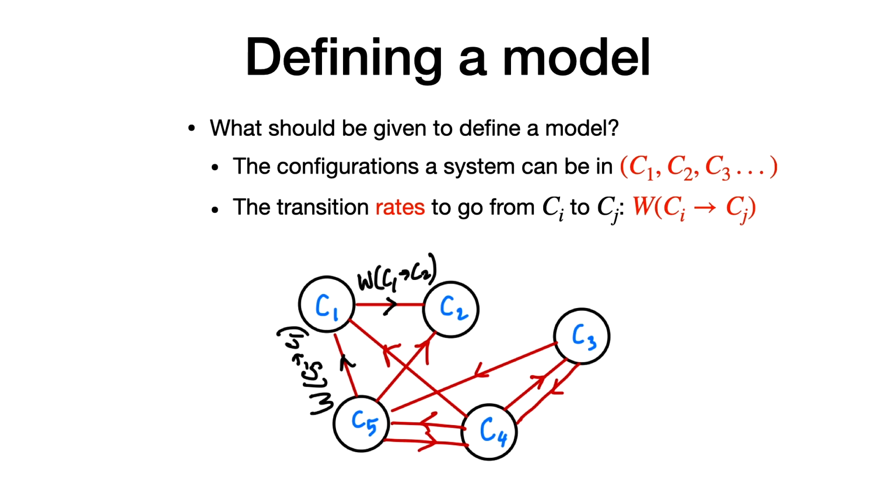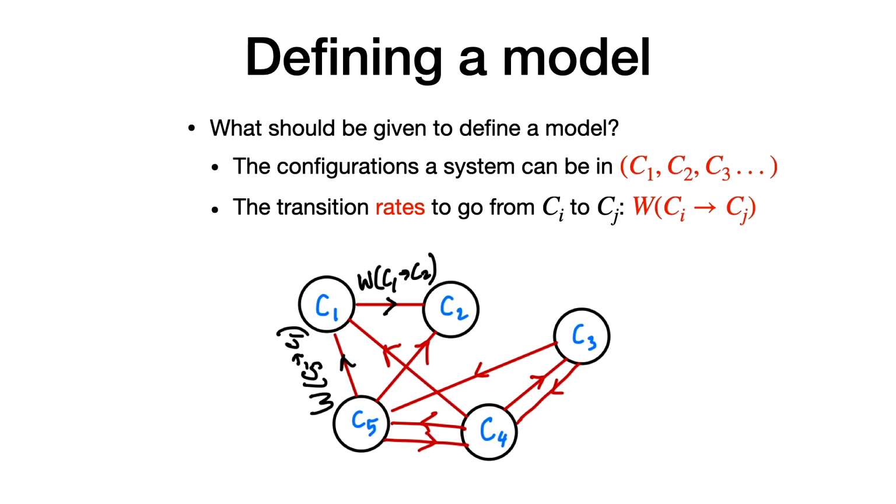I will call this transition rate W(Ci to Cj). Some example is given here. I have 5 states and these arrows say there is a W of going from C5 to C1, C1 to C2 and so on. If I give you this much information, I will say the definition is complete.